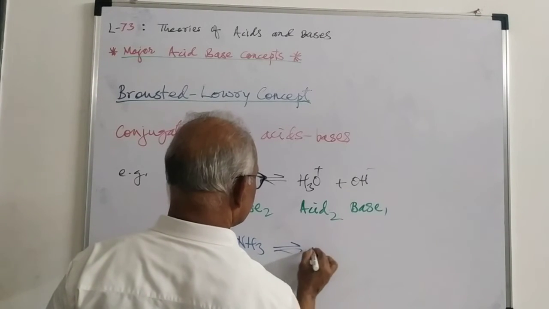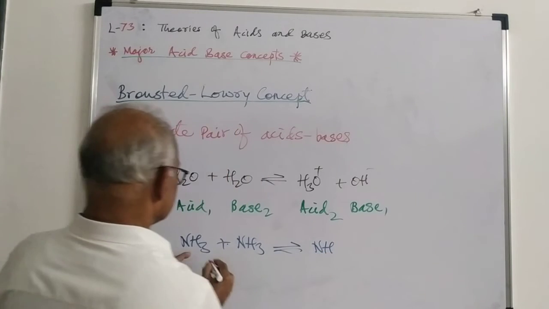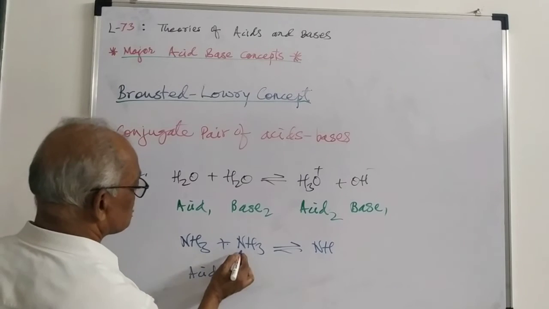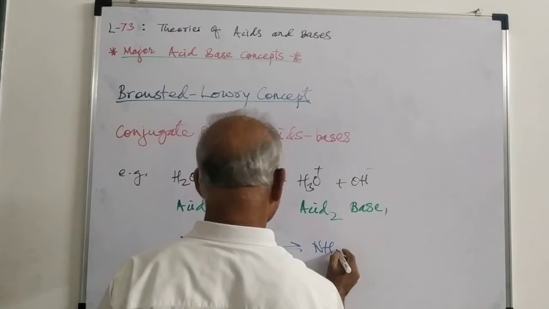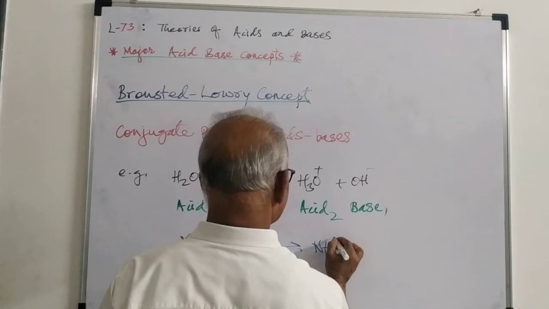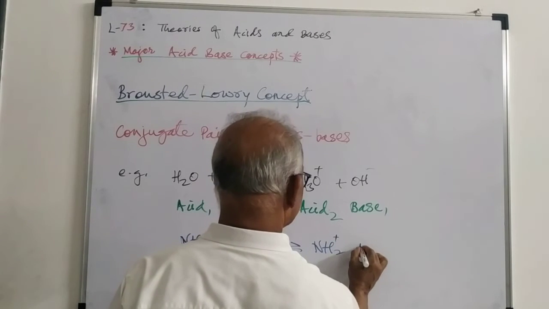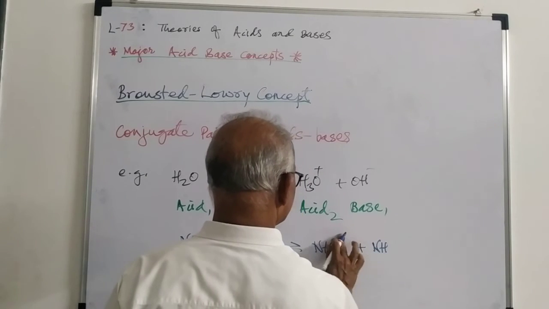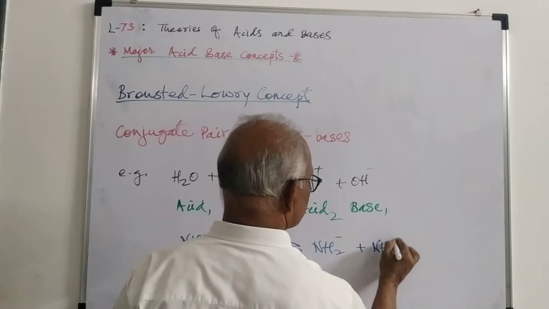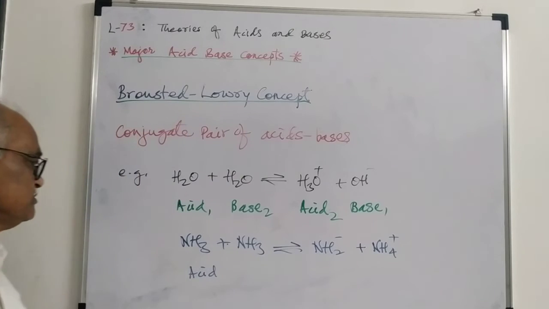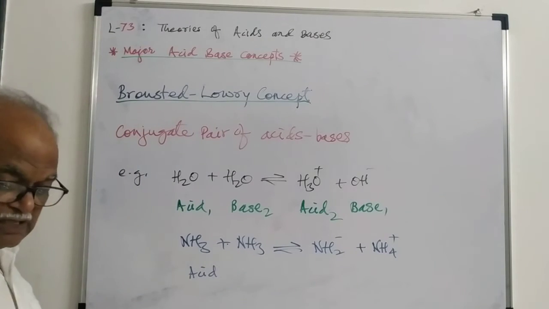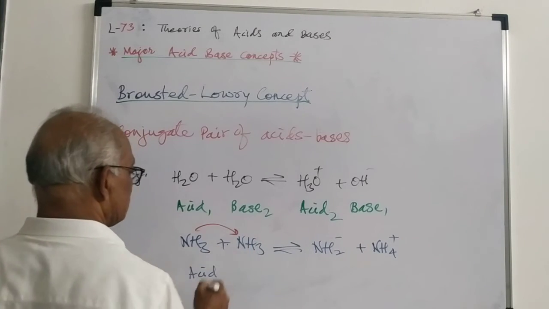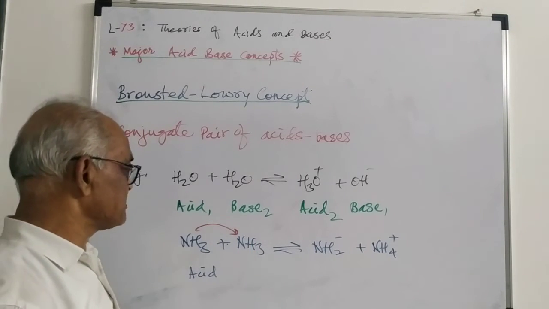If this is the acid, it will release a proton to the other NH3 and is converted into NH2 minus, and the other is converted into NH4 plus. So there is transfer of a proton, H plus, from this acid to this base.